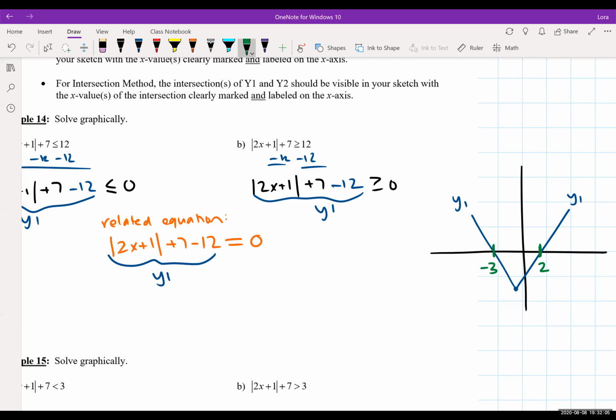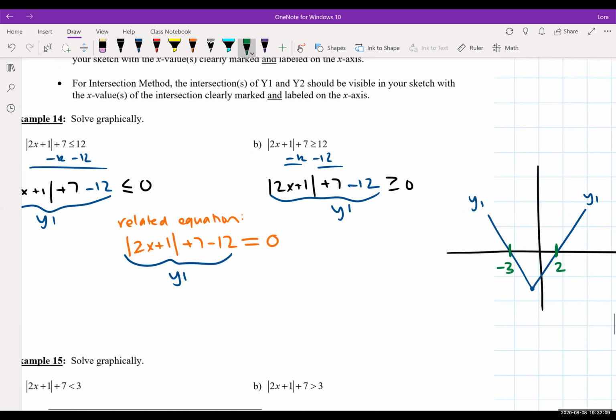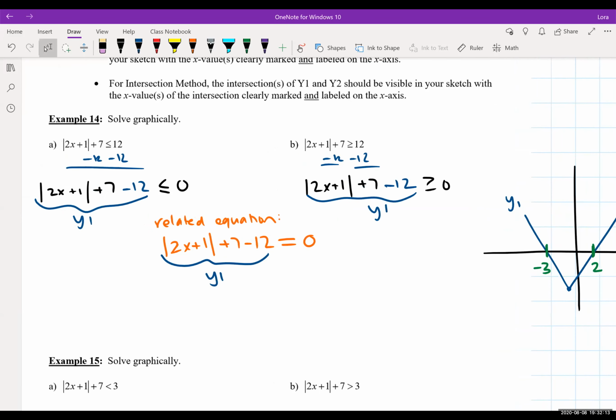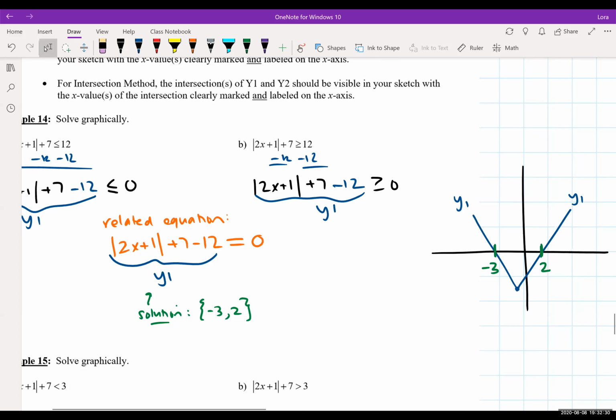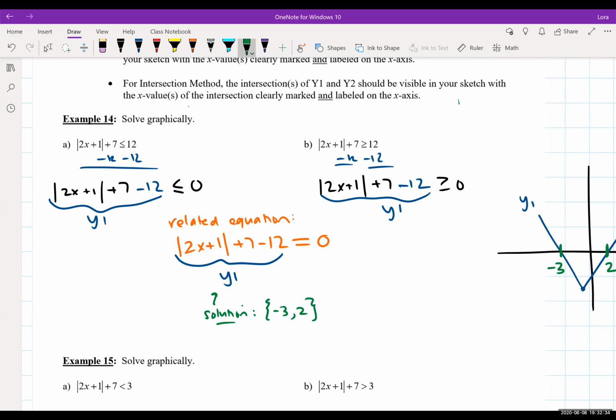And then if you were solving the related equation, the solution to the related equation is your zeros. It's not asking for it, but I know in the previous examples in this section, you would write it with braces. And those are the two values that make y1 equal to 0. But if we're looking for the solution for part A, I would like to have another color.